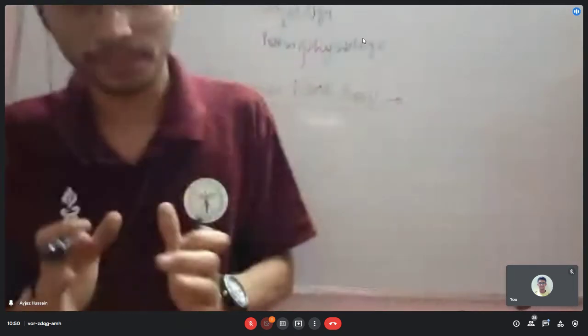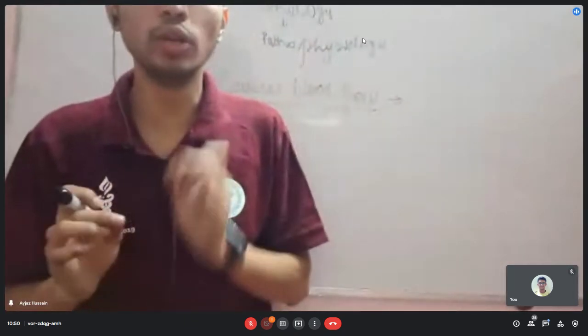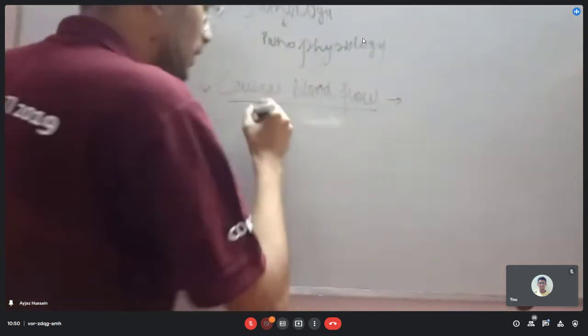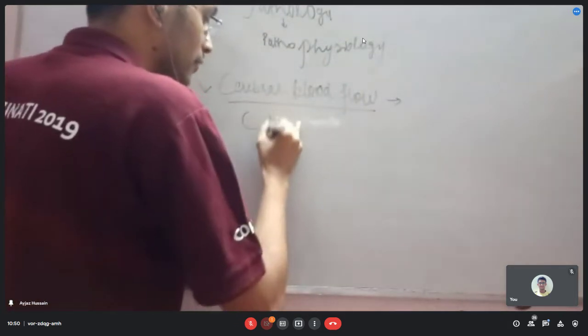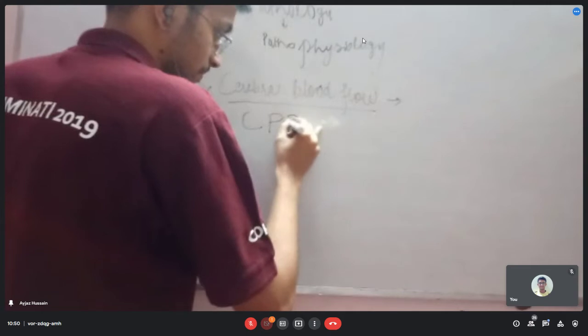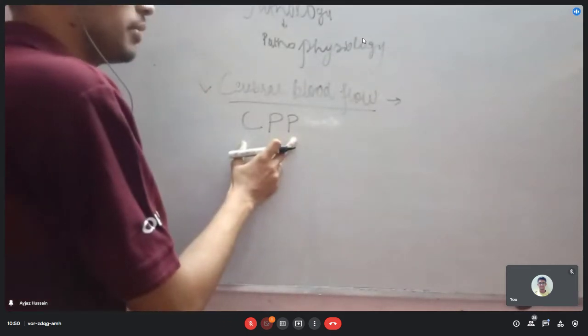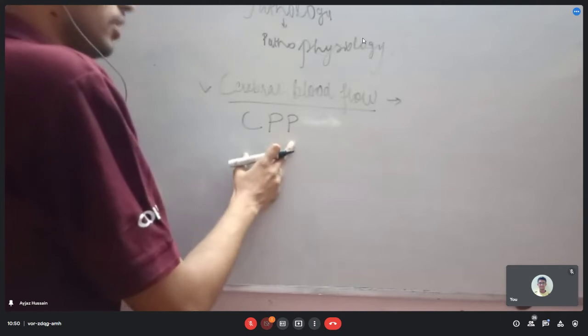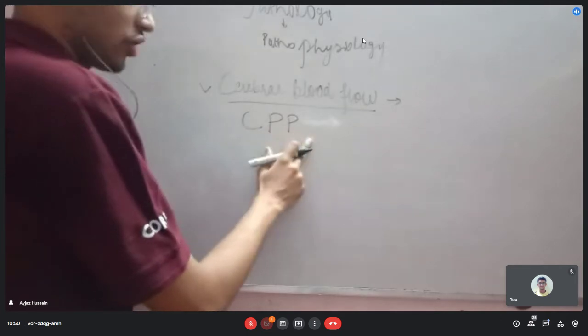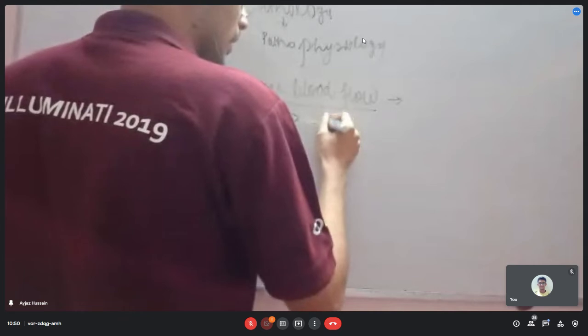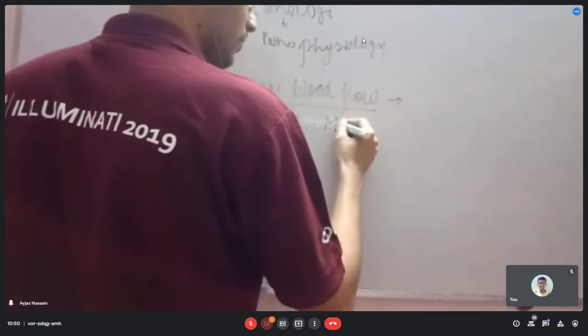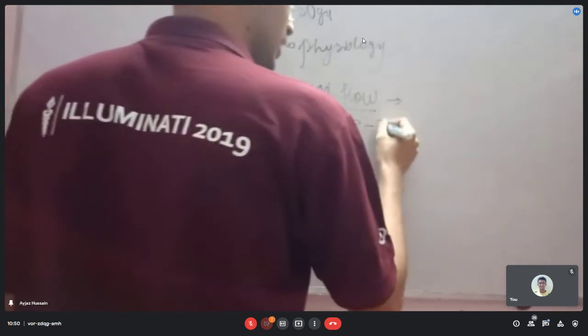So remember, cerebral blood flow will depend only on something called CPP, cerebral perfusion pressure. So it is this entity that decides कि brain में blood flow होगा या नहीं होगा. Cerebral perfusion pressure is equal to mean arterial pressure minus intracranial pressure.